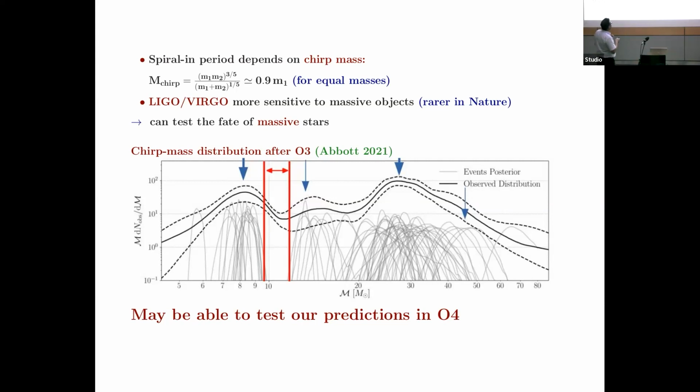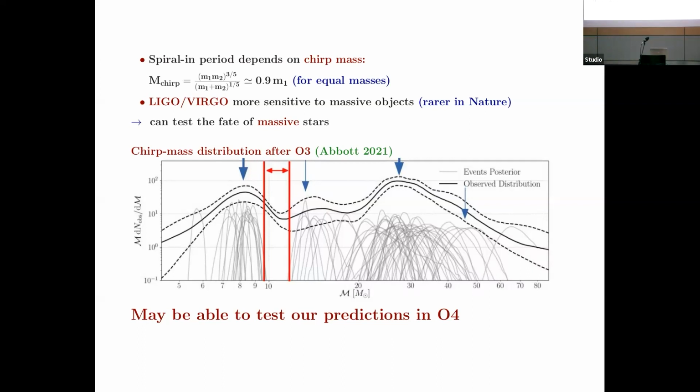Look at the faint individual curves. These are chirp mass probability distributions for individual events. So it's essentially a measurement of a chirp mass with a certain error given by these probability distributions. And these are about 70 or 80 events.